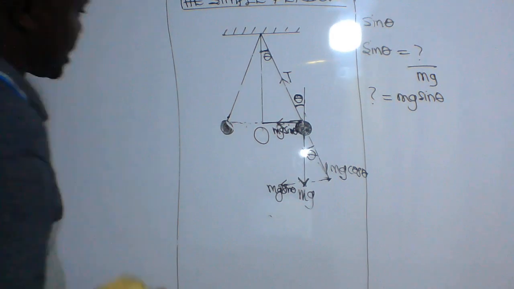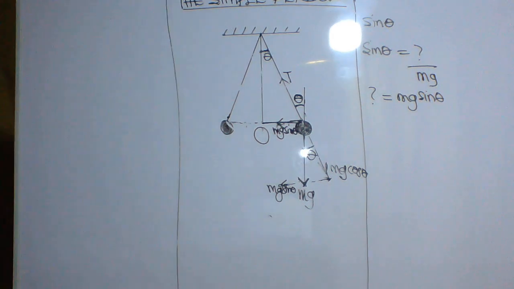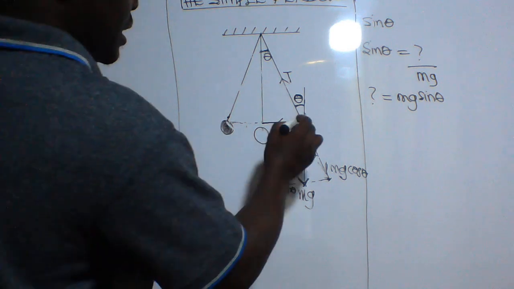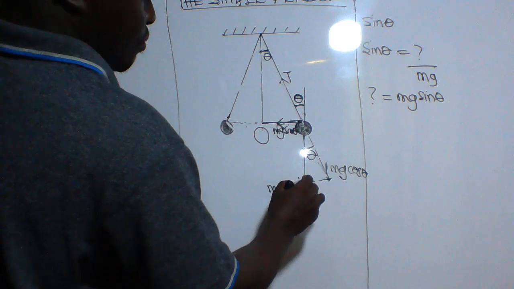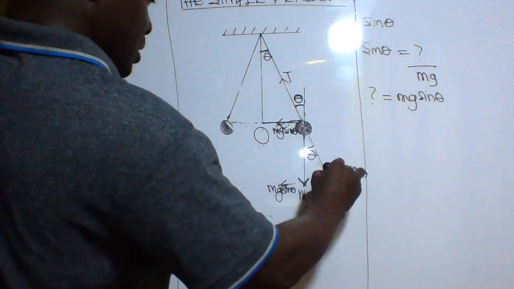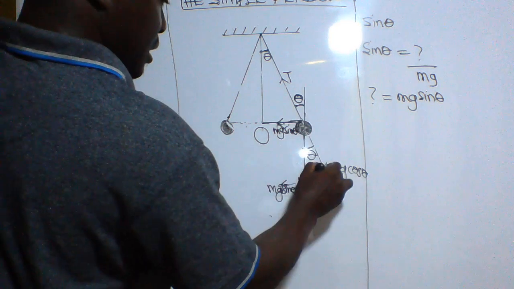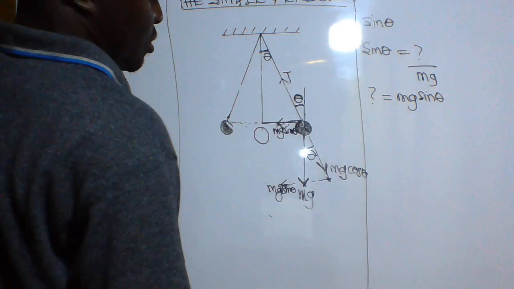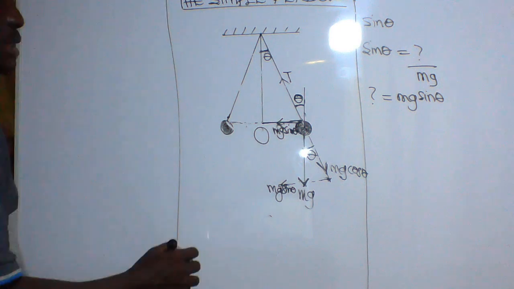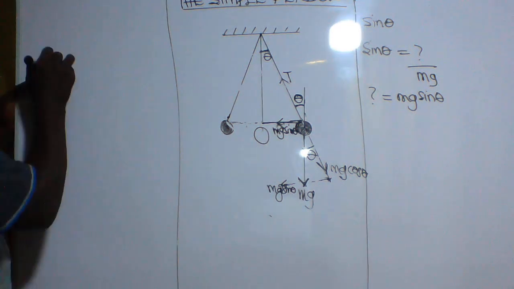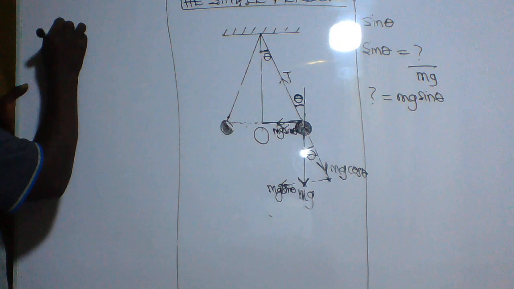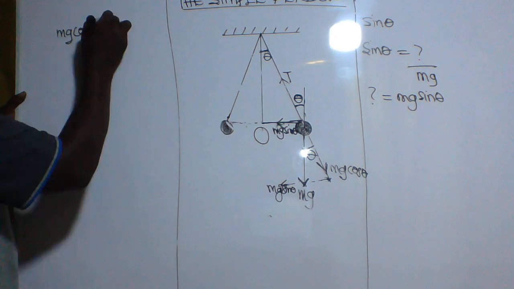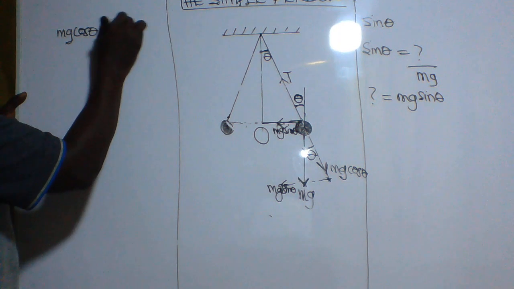Now, when we look at the forces or components existing in equilibrium, along this component, we realize that the mg cos theta component is balanced by the tension in the string.